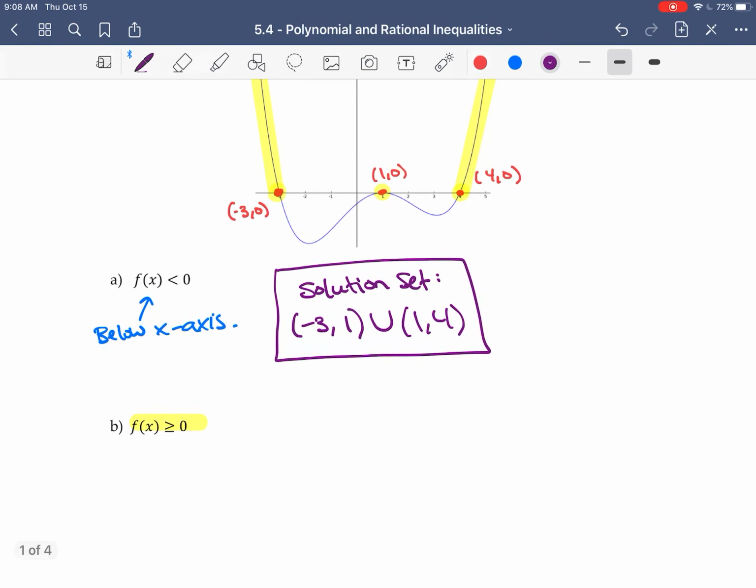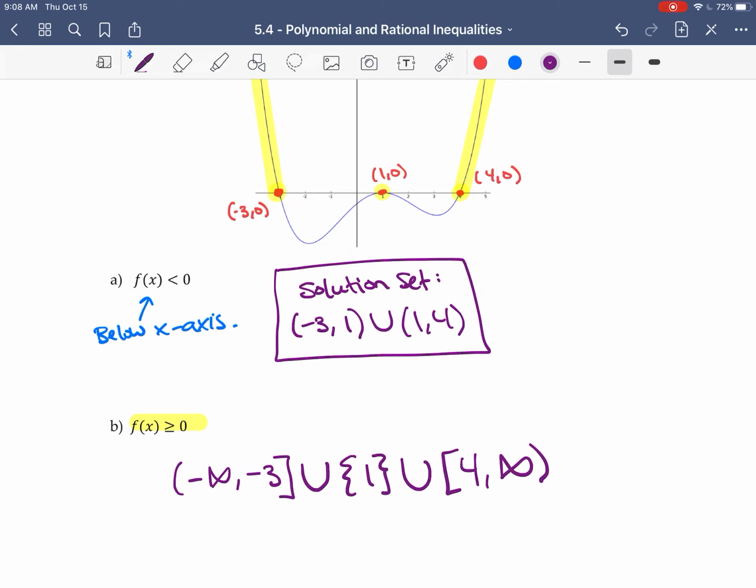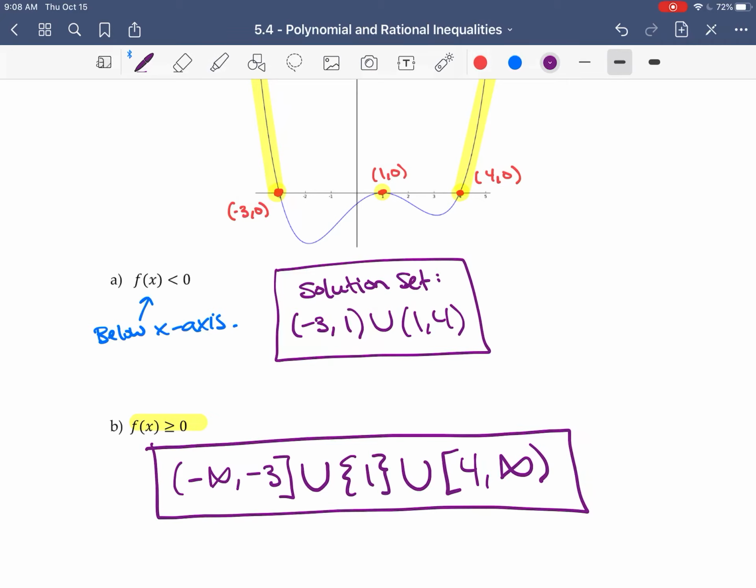What we write is -∞ to -3, including -3, and also the x value 1 all by itself, because it equals 0 there, and then also including 4 all the way to infinity. That would be our solution in interval notation for that one.